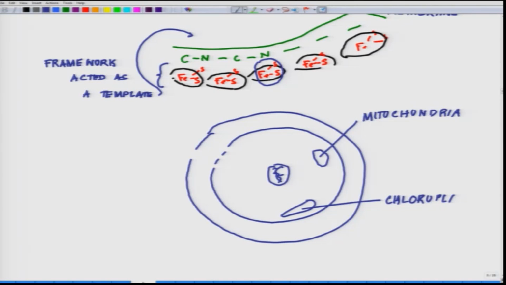If you look at the membrane, it is a lipid bilayer structure with polar head groups of lipids, but in between you see a lot of those huge protein moieties sitting like this.